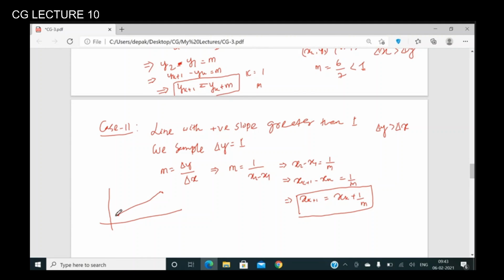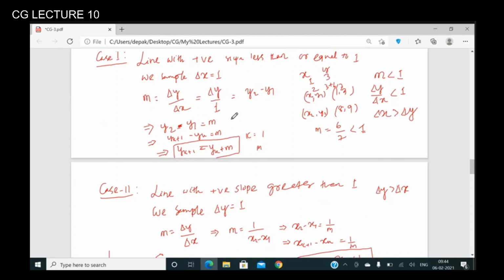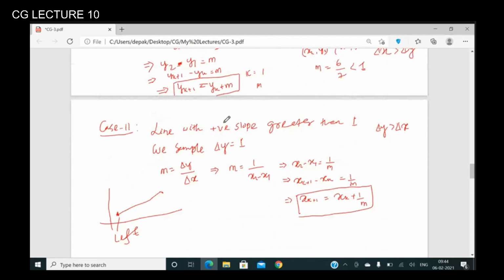So if the start end point is on the left hand side, then only these two cases will work, right? So if we process the line from the left end point to the right end point, then only these two will work, right?